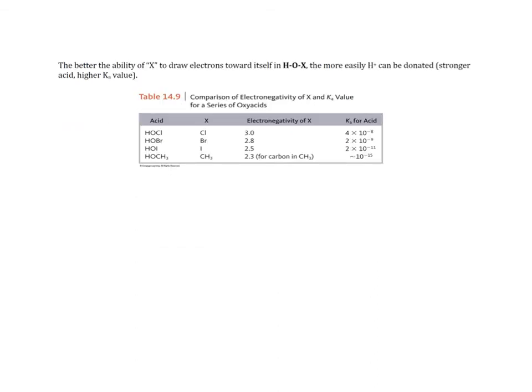Still thinking about hydrogen bonded to oxygen, bonded to some atom X, we can look at electronegativity with similar molecules to see where we have stronger acids. In the chart, the Ka for the HOCl is higher than the HOCH3.